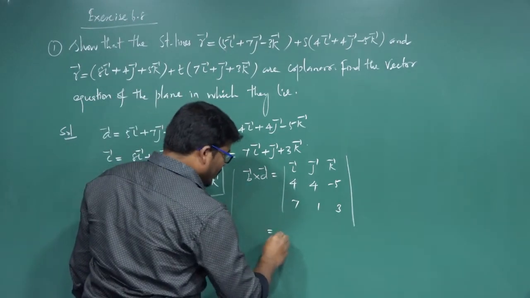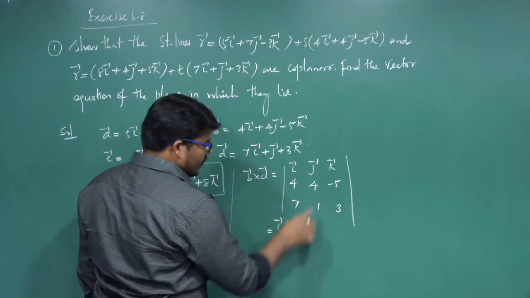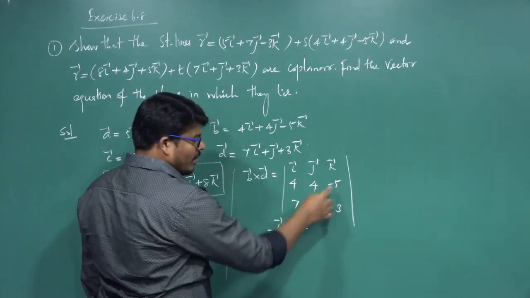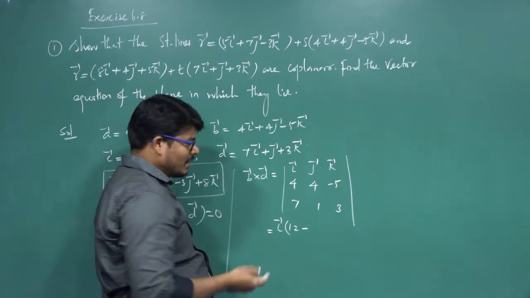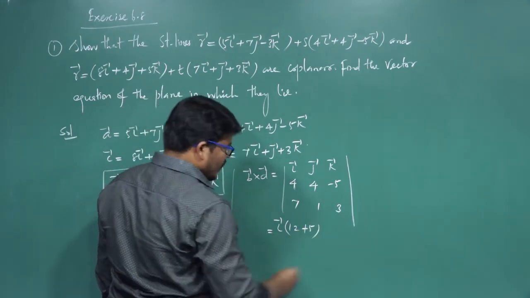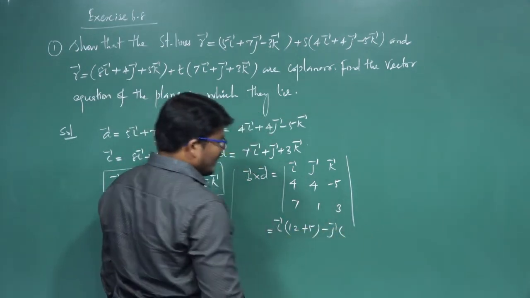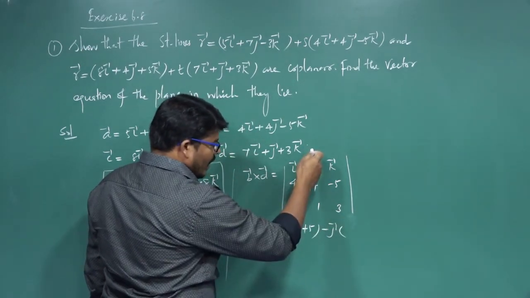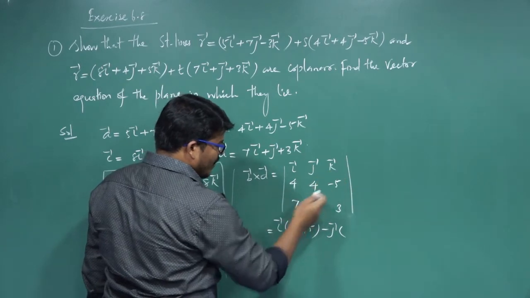Now expanding the determinant: i vector into (4 times 3 is 12, minus 1 into minus 5, which is plus 5), minus j vector into, eliminating the j column and row, the minor matrix.